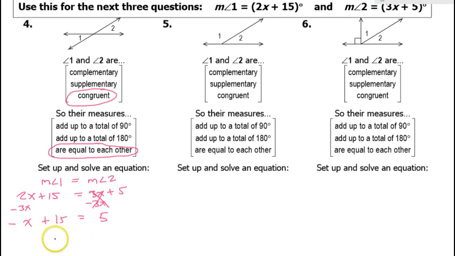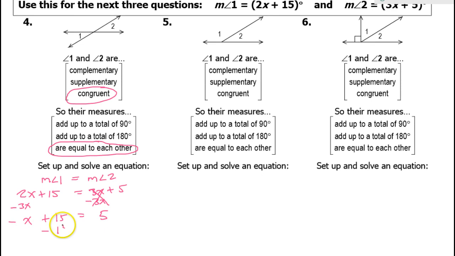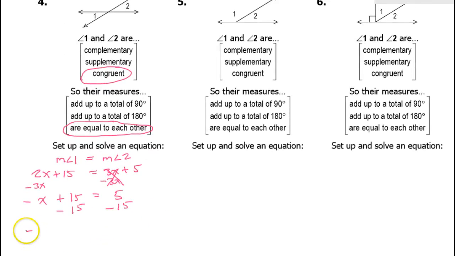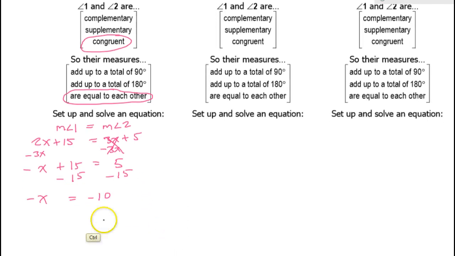Now I need to get x by itself by subtracting 15 from both sides. That gives me negative x is equal to negative 10. I can't leave this negative, so I'm going to divide both sides by negative 1, and that gives me x is equal to positive 10. That is the solution to the equation.